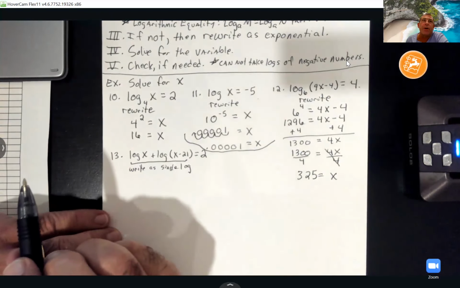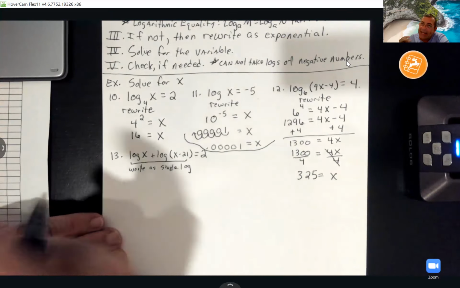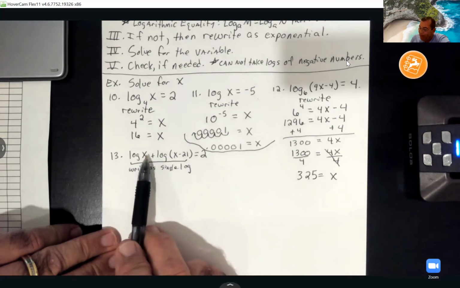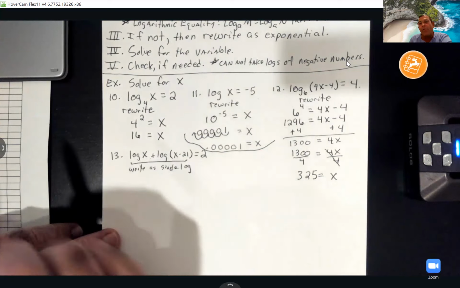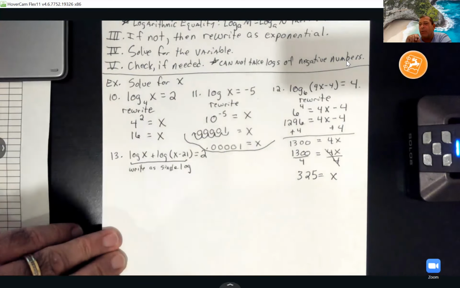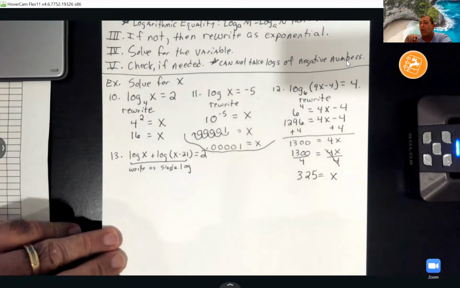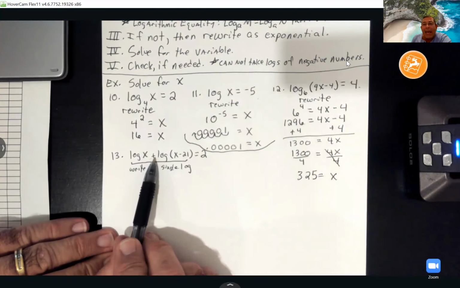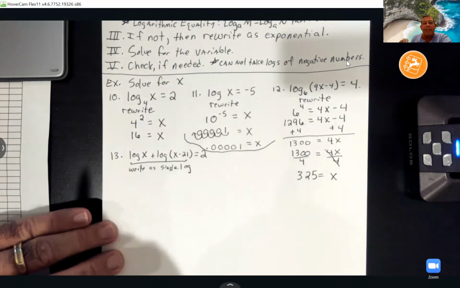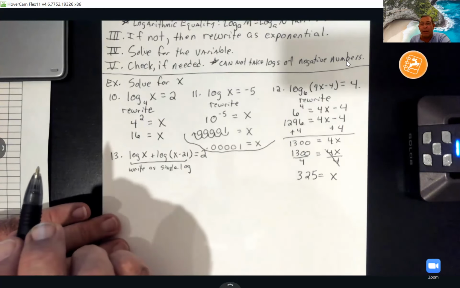So this comes from our last lesson last Wednesday. If I got 2 logs that are being added, would I rewrite them as a product or as a quotient? Well, y'all, since they're being added, we would rewrite this side as a product.